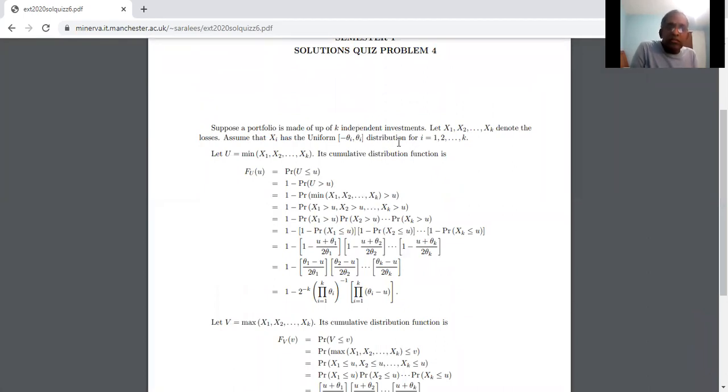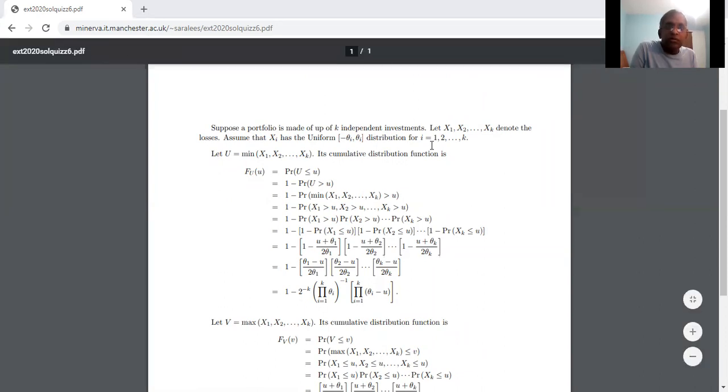So this is case number 3, where you have independent losses, but they're not identically distributed. That's the only comment I have. Apart from that, you guys did a great job, and I'm happy about it.